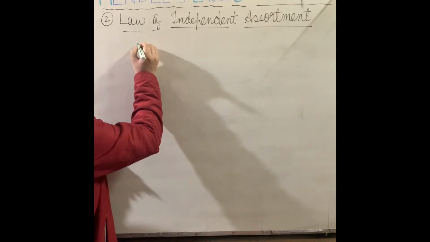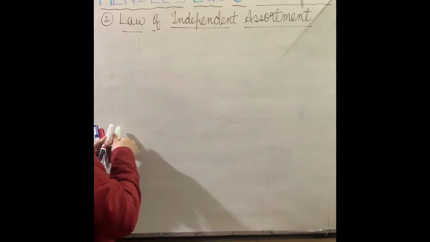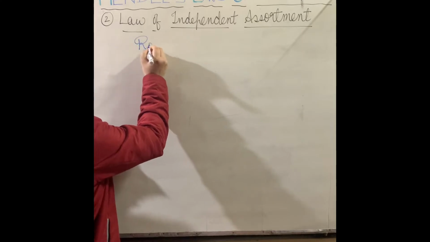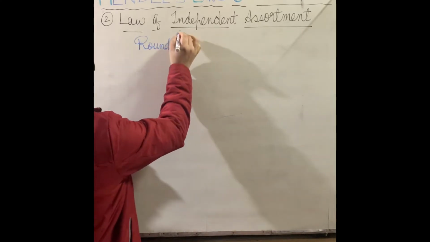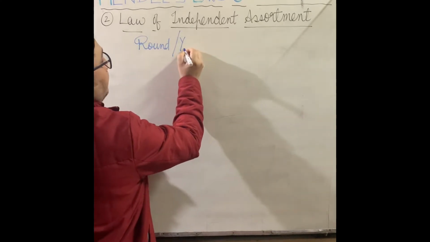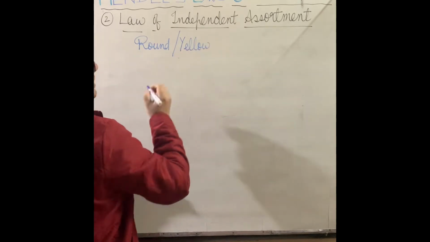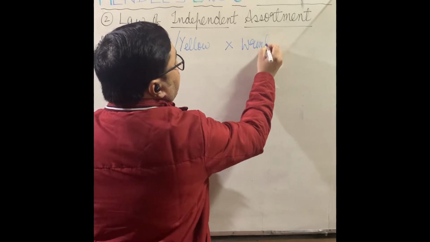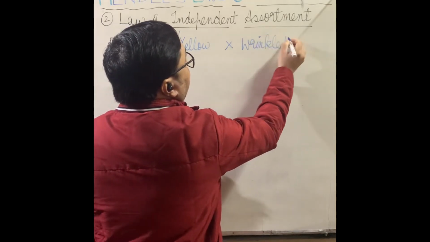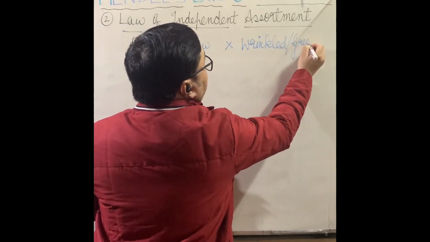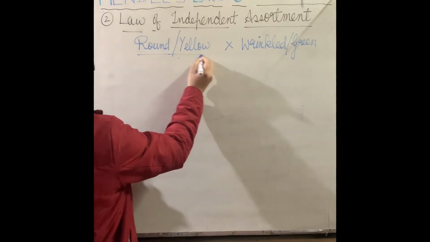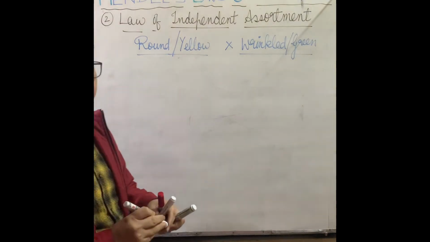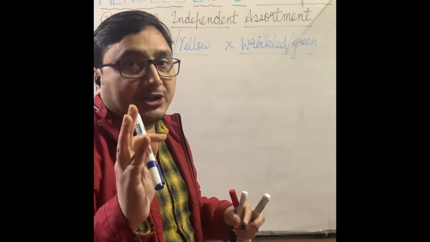So let me take round and yellow seeds crossed with wrinkled and green seeds. Fine. Round and yellow, wrinkled and green. Now I have taken this combination deliberately.